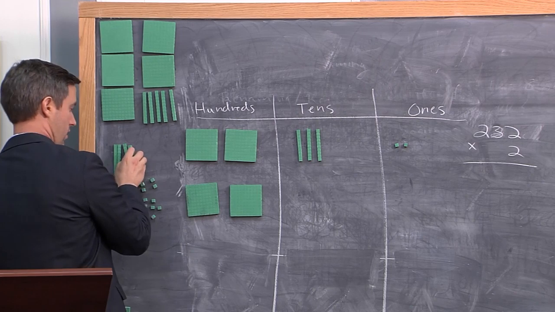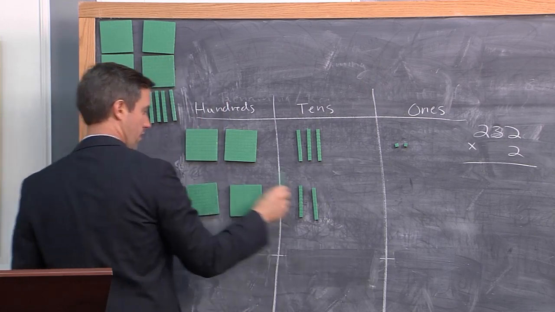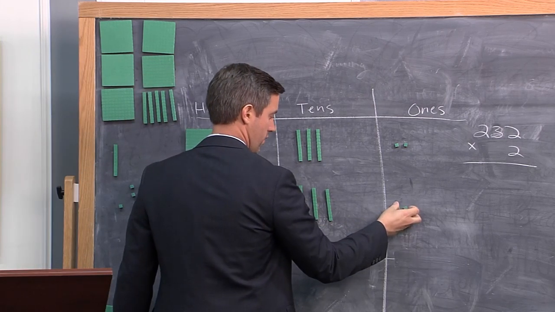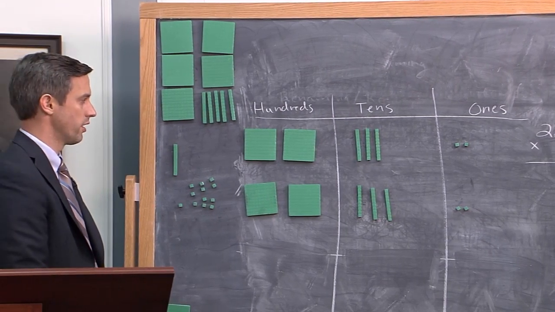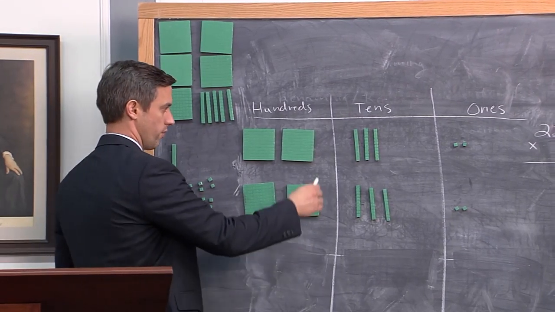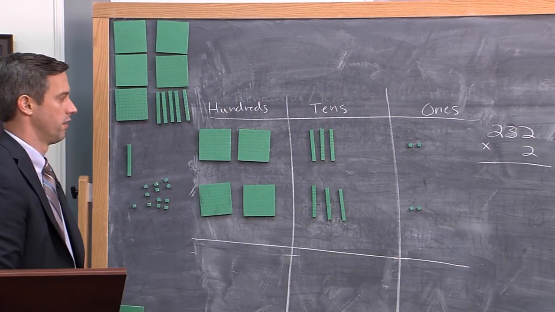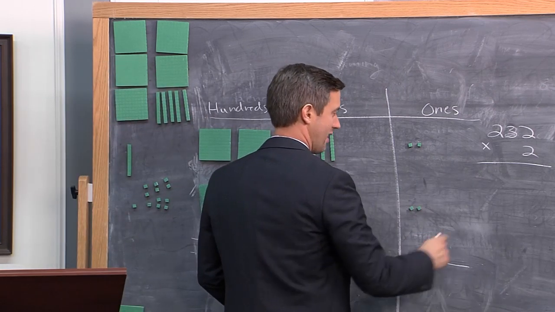So 232. Okay. And so now I should be good to go ahead and combine them. So I have 2. Again, I did this wrong.